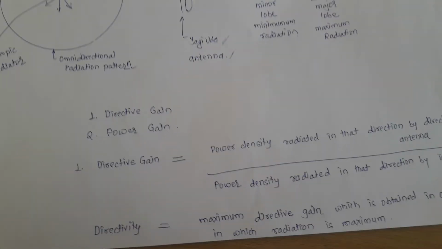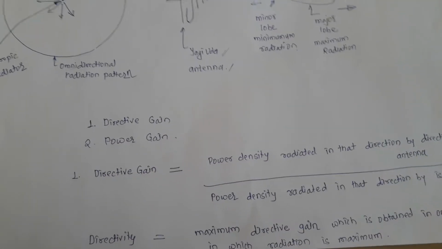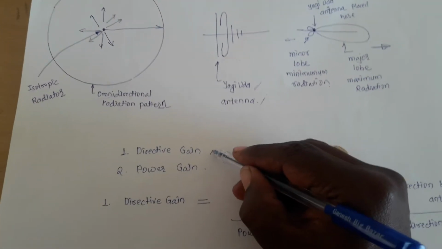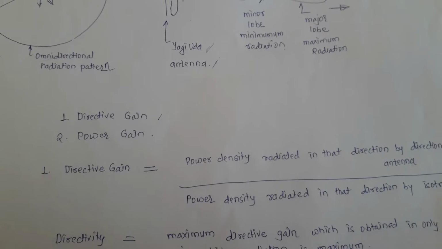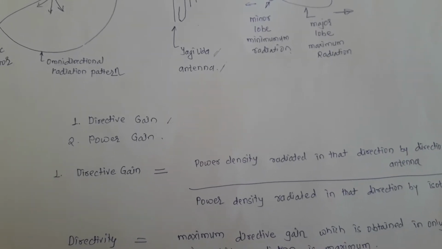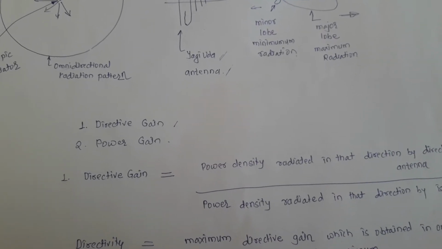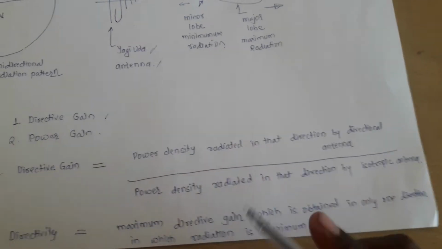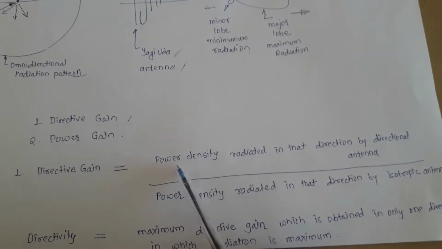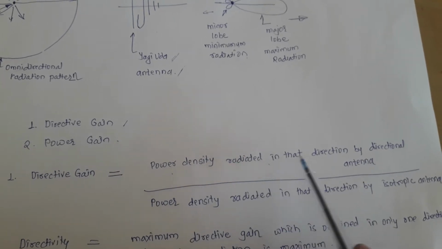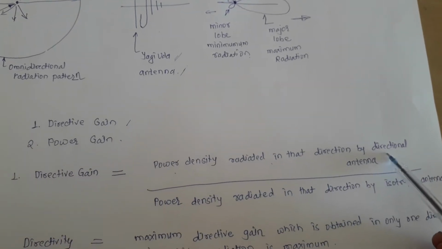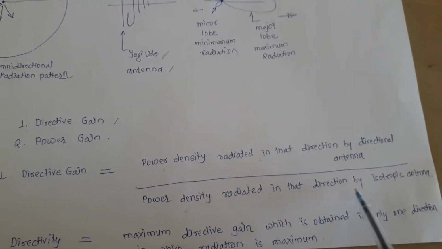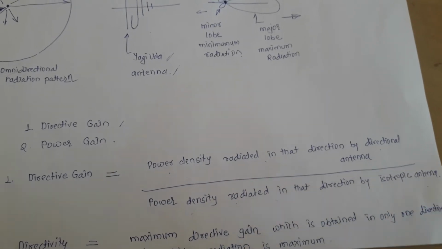Now our today's point of discussion is to calculate and define the directive gain. So what exactly do we mean by directive gain? While defining it, we can say that directive gain is the ratio of the power density radiated in that direction by a directional antenna to the power density radiated in that direction by an isotropic antenna.